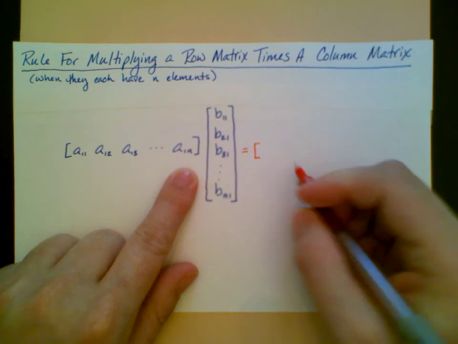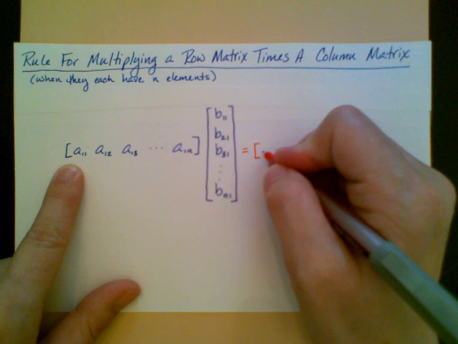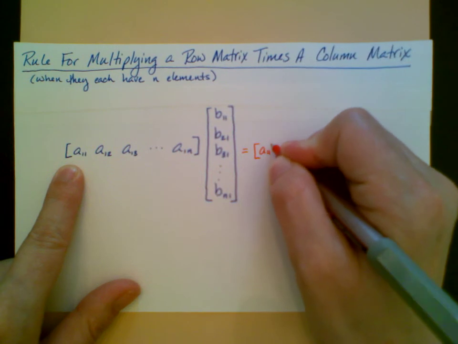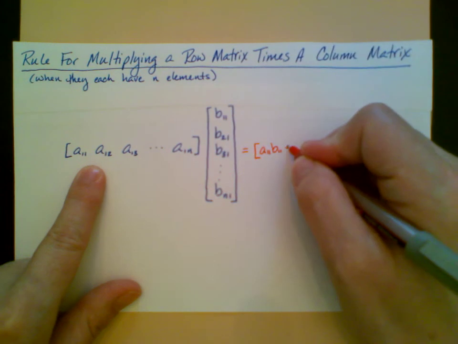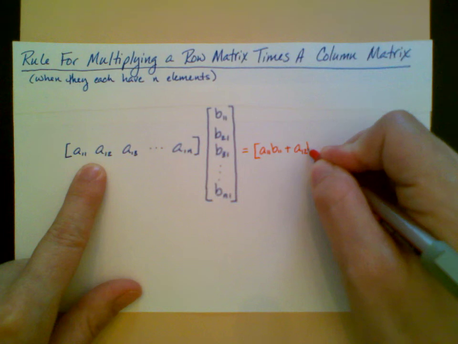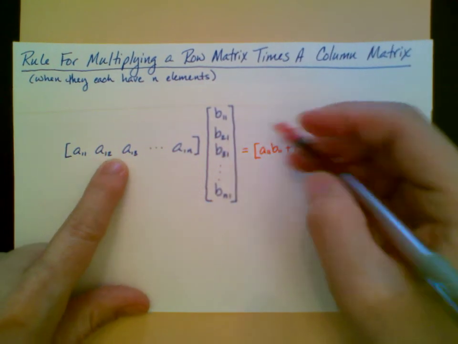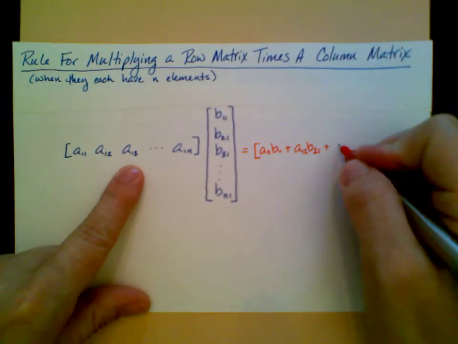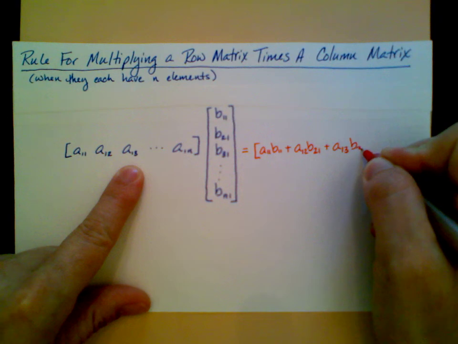So let's start multiplying these together. We're going to go in order pairing these up. So A 1,1, B 1,1, we pair the first two together, plus A sub 1,2, B sub 2,1. My second elements get paired together, plus A sub 1,3, B sub 3,1.